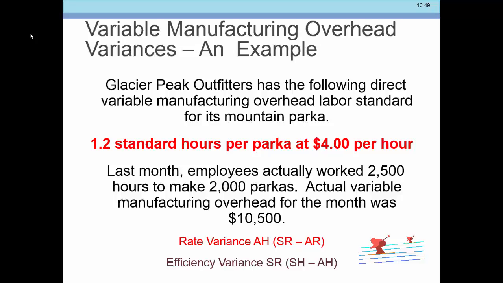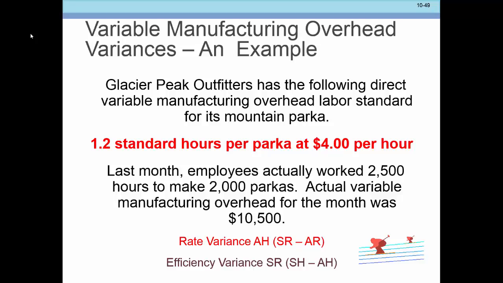Good. You guys are right on target with the way you put these together. So you make 2,000 parkas, times 1.2 per, right? Yes. So we can really see that, since the driver is the labor hours, the inside of the train is exactly the same as we did before, right? Okay, good.